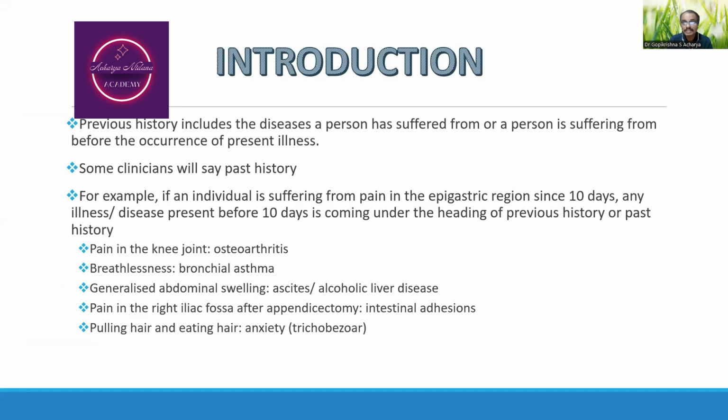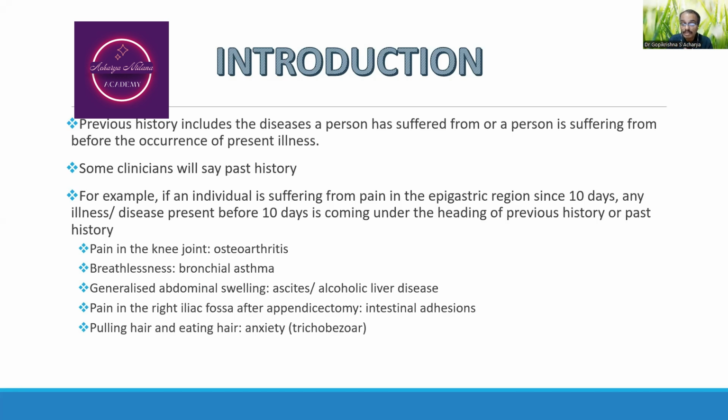Say, for example, a person is suffering from loose stools since 3 days. He is also having pain in the knee joint since 3 months. So the joint pain is present well before the presenting complaint, and this will be recorded in the past history or previous history.